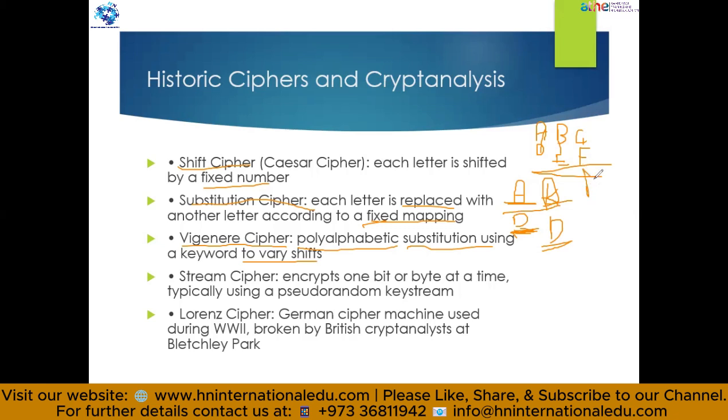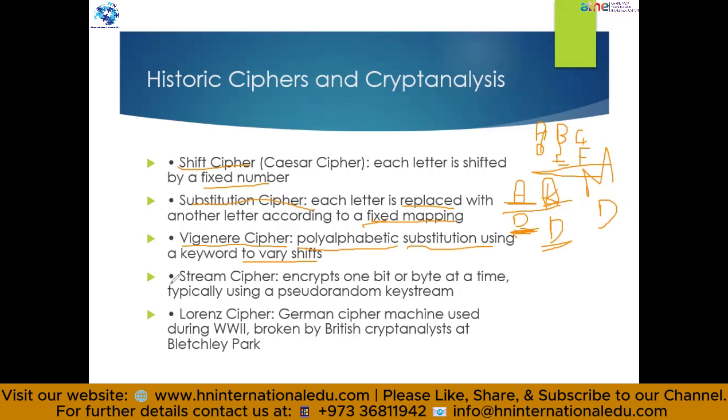Let's say for M, we are also using the D. So in this way, we are using the same letter for the replacement of many letters, basically. So that's why it is a little bit complex.